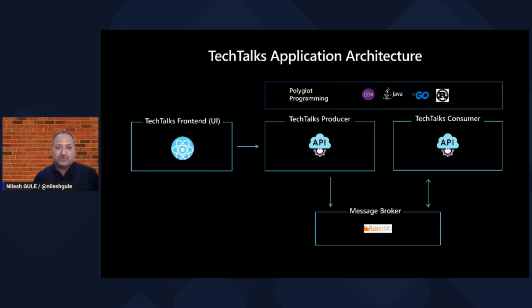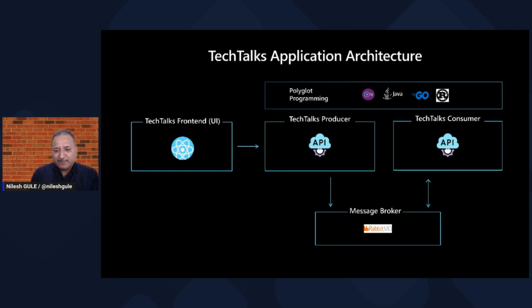And I also want to demonstrate the polyglot programming model, which is quite common with microservices. We don't have to stick to one programming language for the whole application. Based on the kind of workload or the kind of capability that is required for the service, we can choose a different programming language, we can choose a different backend service.